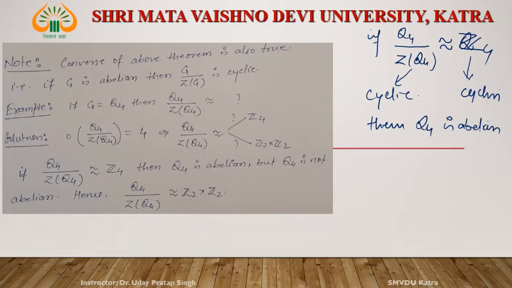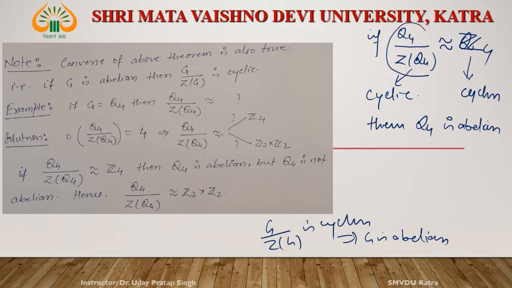Means G/Z(G) is cyclic, then G is abelian by the above theorem. The Q4/Z(Q4) is isomorphic to Z4, Z4 is cyclic, therefore abelian also.